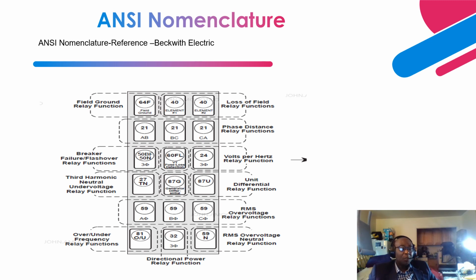Next is 50BF and 50N, the instantaneous elements. Like I indicated, protective relay engineers talk in numbers. 50BF means instantaneous breaker failure, and 50N is an instantaneous neutral measuring element.